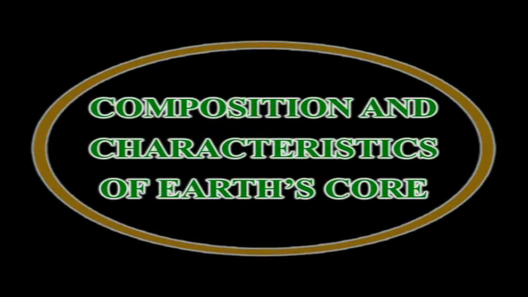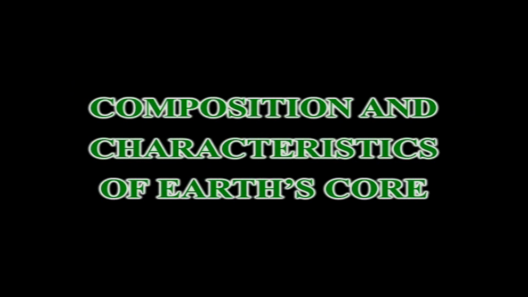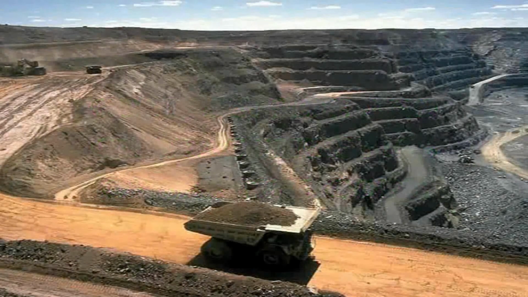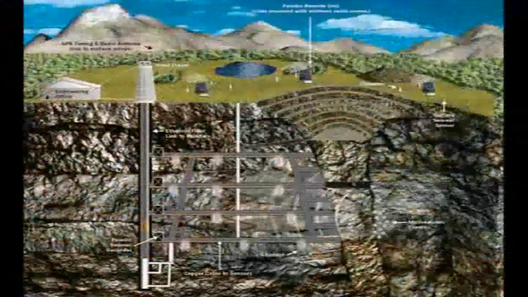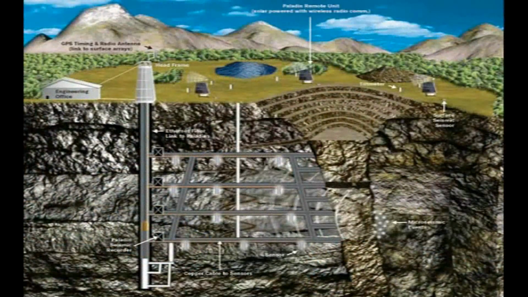Now, let us come to the third innermost zone and its characteristics, that is the composition and characteristics of the Earth's core. In the last 200 years, mining activities and some scientific studies have provided information about the Earth's composition and its physical properties.